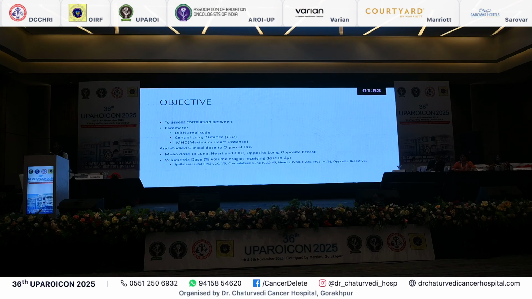The objective of my study was to assess the correlation between parameters, that is DIBH amplitude, central lung distance, and maximum heart distance. We studied the clinical dose to organs at risk, that is mean dose to lung, heart, LAD, opposite lung and opposite breast. Volumetric doses were also calculated, including V20 and V5 of the ipsilateral lung, contralateral lung, heart, and opposite breast.